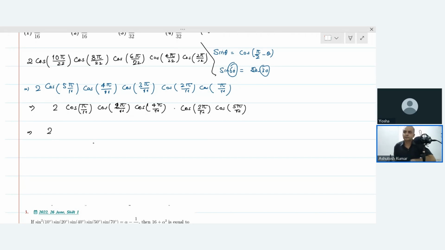Okay, now see, it will become cos theta, cos 2 theta, cos 4 theta.